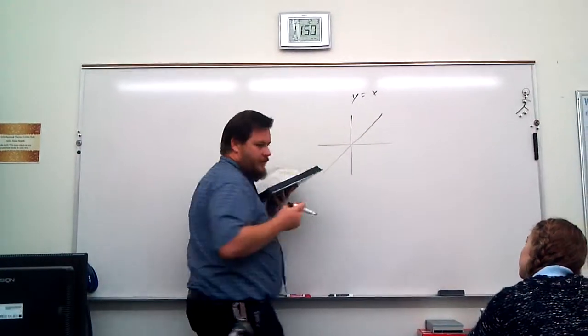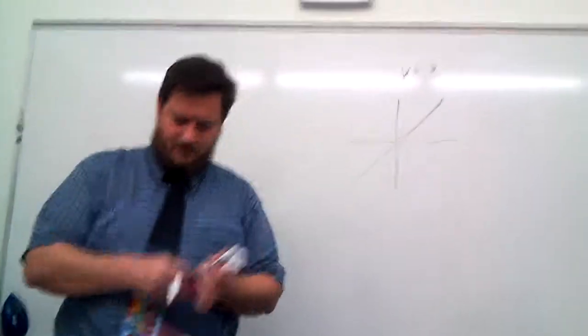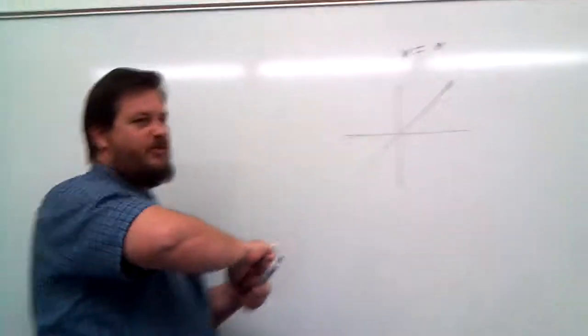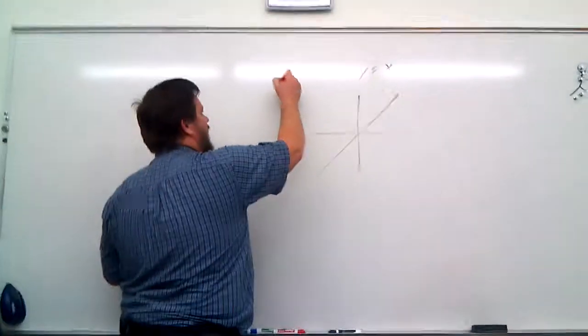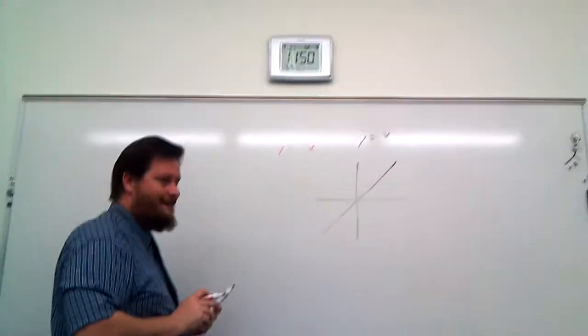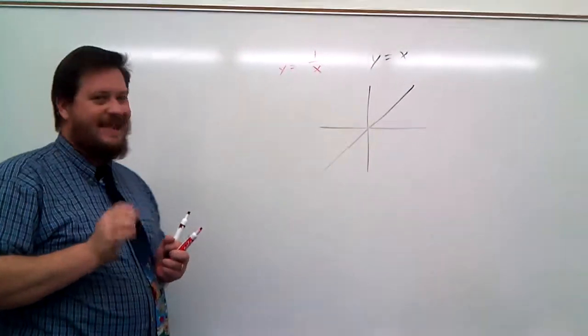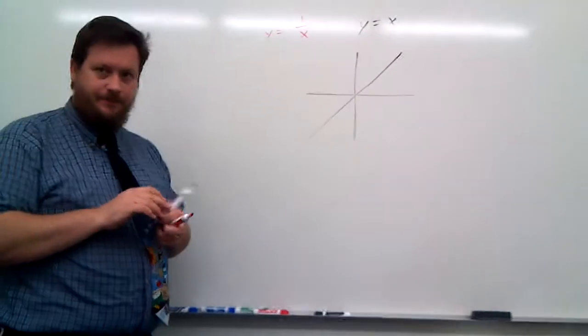Y equals x. So the question is, what do we do when we want to change color? Green. Let's change colors, and the reciprocal of this would be y equals 1 over x. So, there are a couple key factors to keep in mind here.